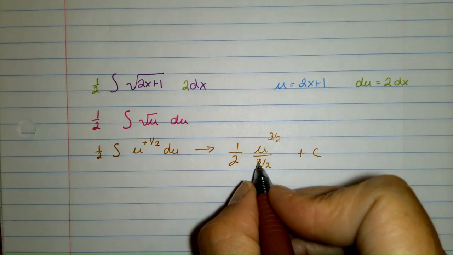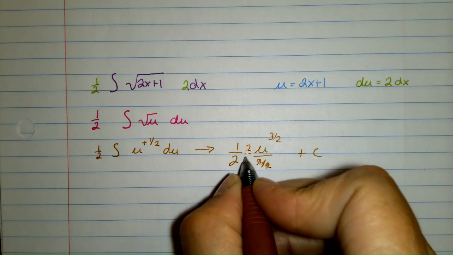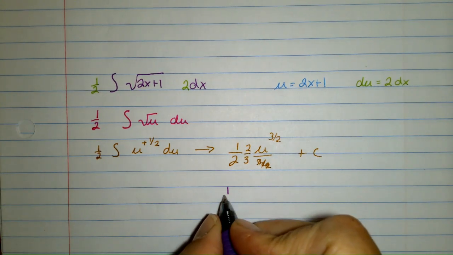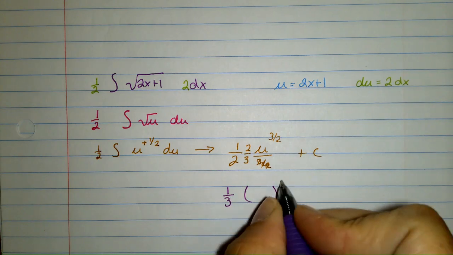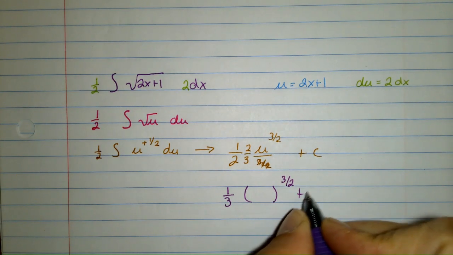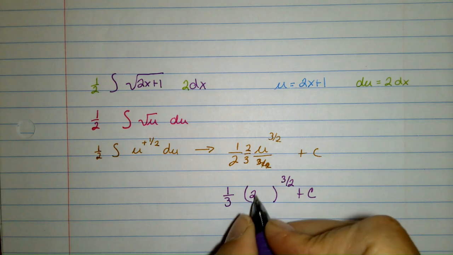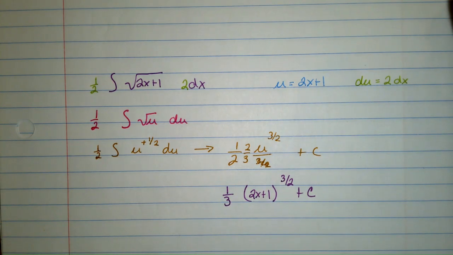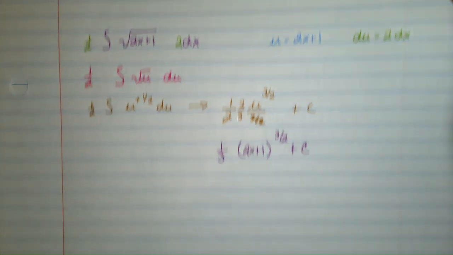Now remember, dividing by 3/2 is the same thing as multiplying by 2/3. So I could either get 2/6 or I could get 1/3. So 1/3 u to the 3/2 plus c, and my u value is 2x plus 1. Whew. Okay.